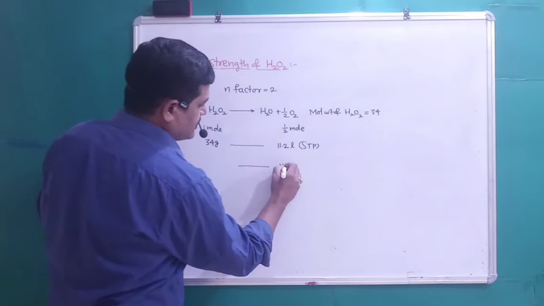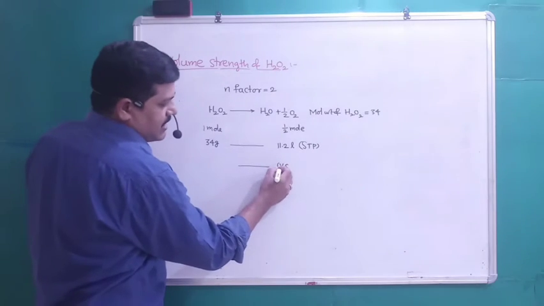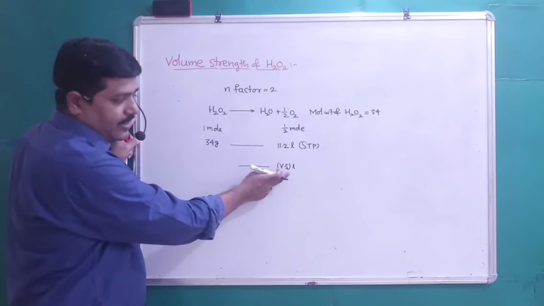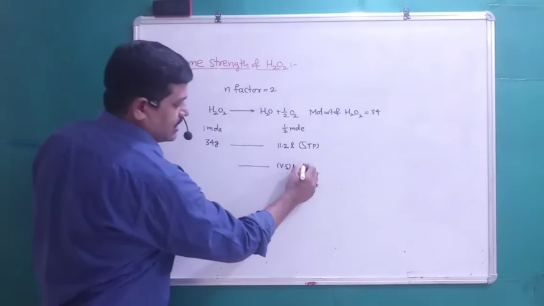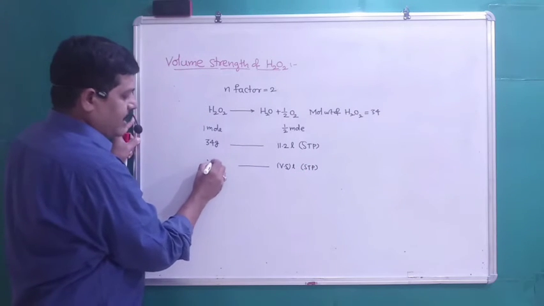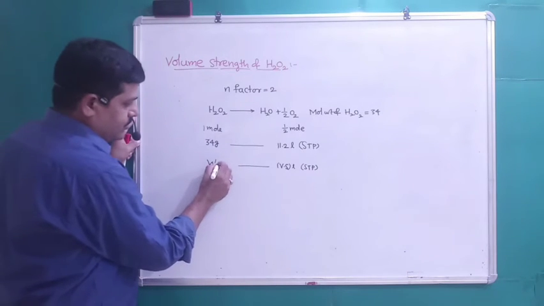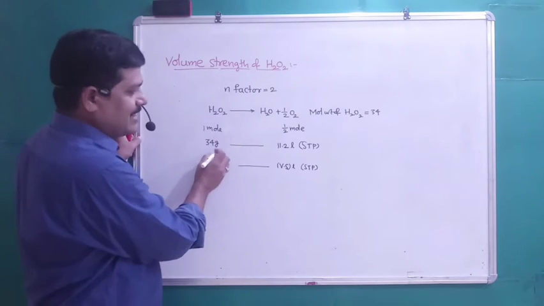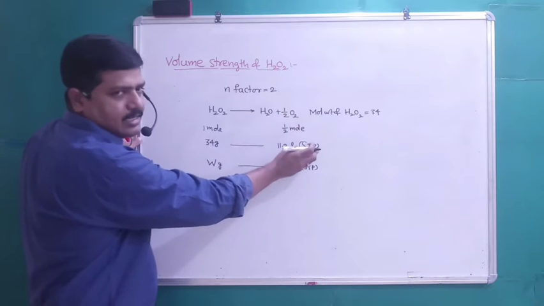If it is given as some volume strength, whatever the volume strength is, this many liters of oxygen gas at STP is given by, let us assume the weight of H2O2 is W grams. 34 grams of H2O2, when decomposed, will give 11.2 liters of O2 gas at STP.